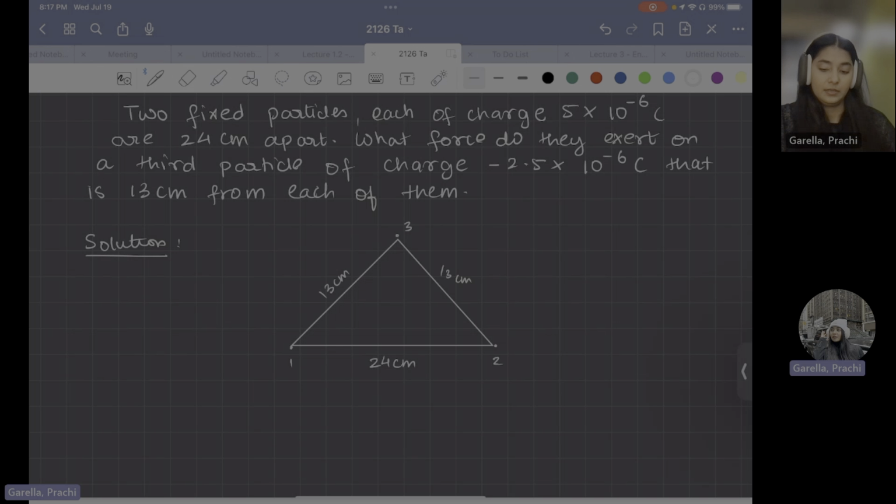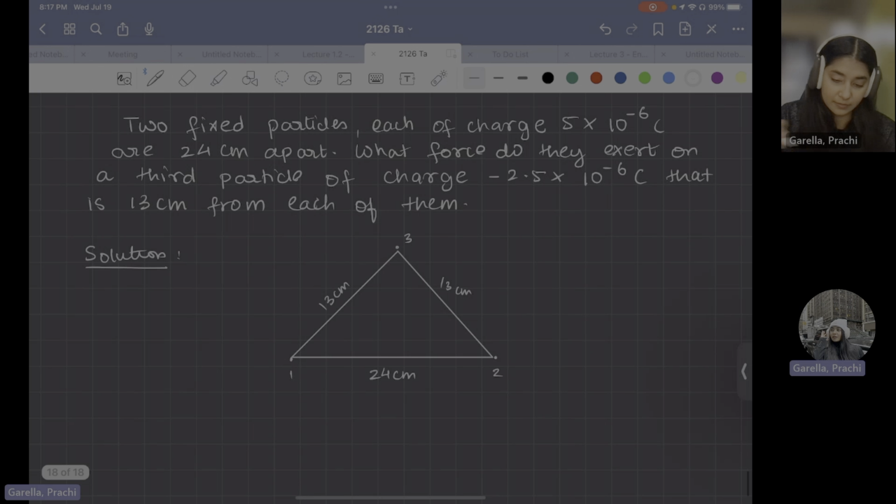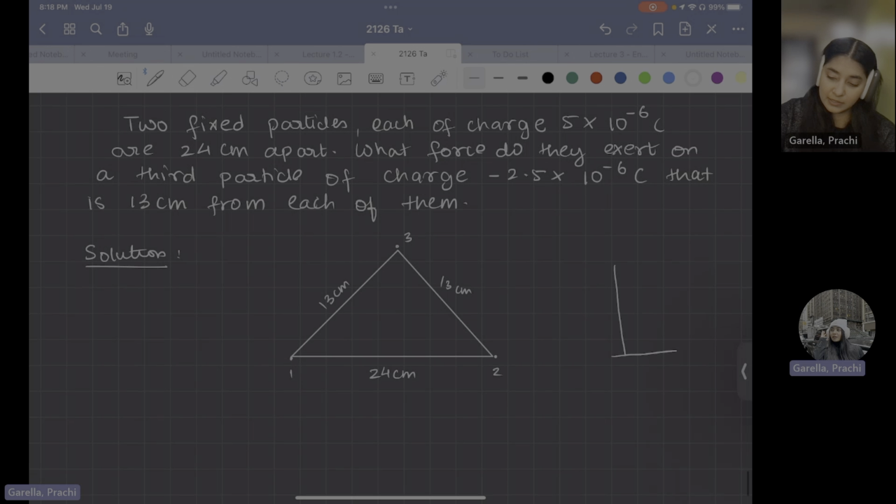Now we have to find what force they exert. For that, let's assume this is the x-axis and this is the y-axis. The two charges are on the x-axis and the third one is on the y-axis. Now we find the components of the two charges to find the force exerted: the first component is along the x-axis, the second is along the y-axis.